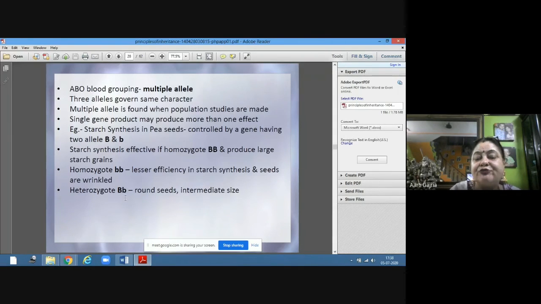Capital B, small b, the result would be round seeds, but of intermediate size. So what are the traits? Traits are large and round seeds, small and wrinkled seeds, and third, round and intermediate size seeds. So a single gene product is giving more than one effect here.